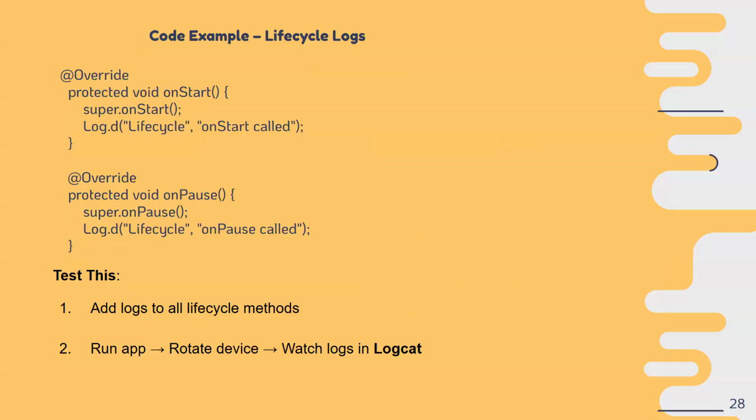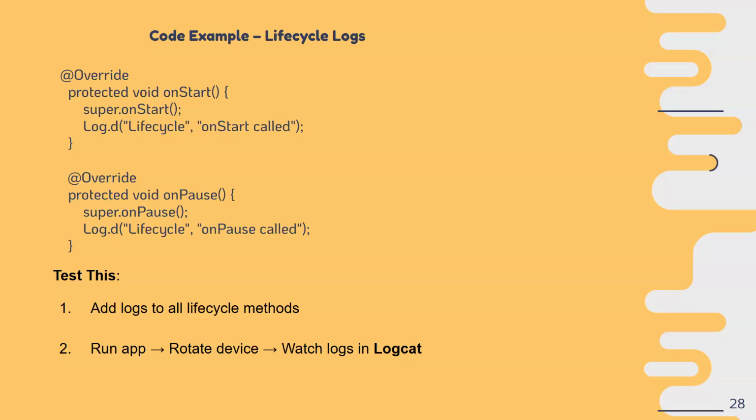So let us write some code to test the life cycle now. In your MainActivity.java, we already have onCreate. So let us write onStart and onPause.